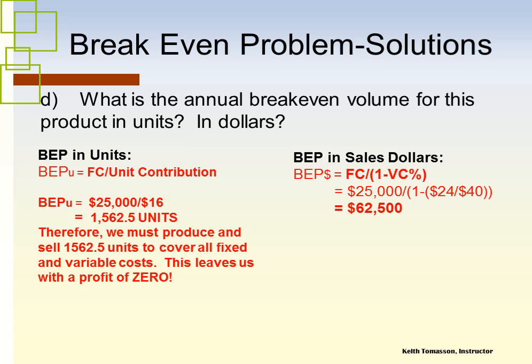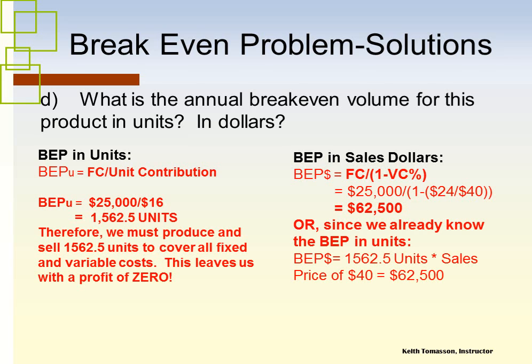So by solving that formula, we can determine that the sales level required to achieve break-even is $62,500.